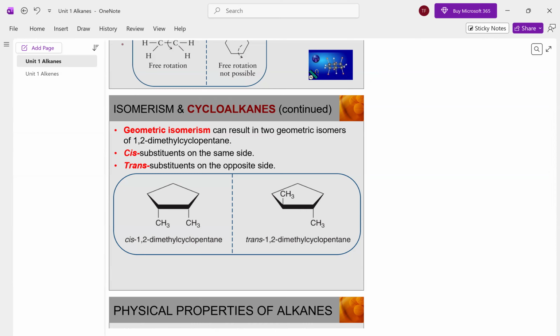One is cyclopentane, 5 carbons, each one with 2 branches. But they aren't the same molecule. It has to do with the relationship between the branches. The one on the left, the branches are on the same side. The one on the right, the branches are on opposite sides.